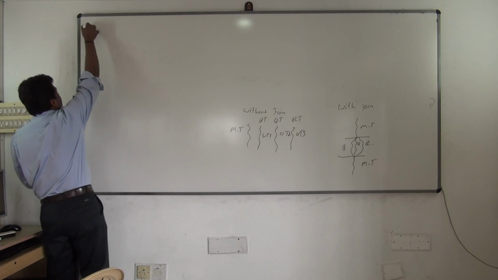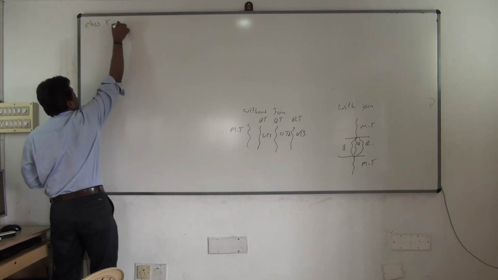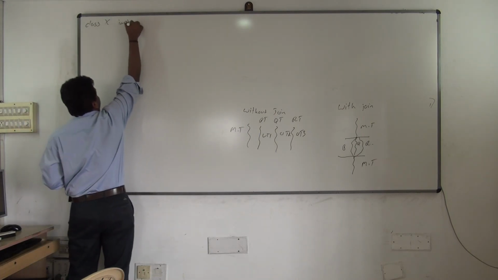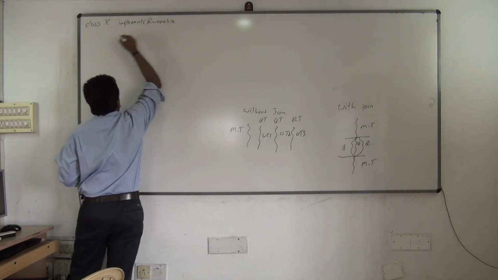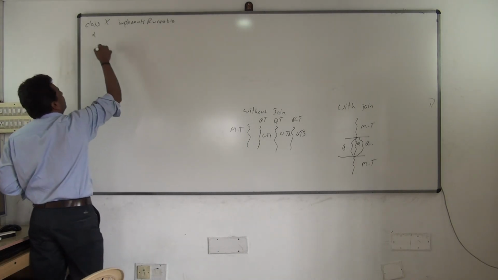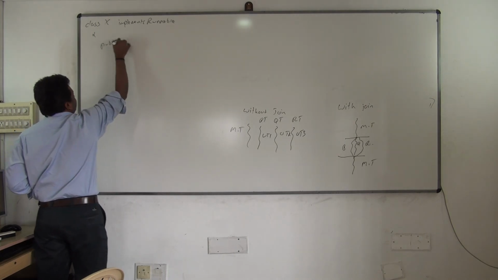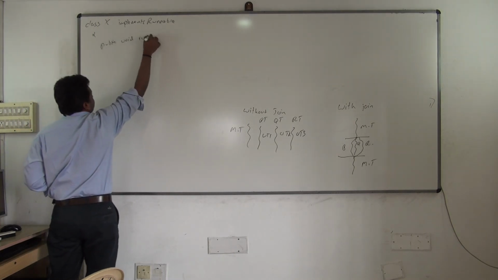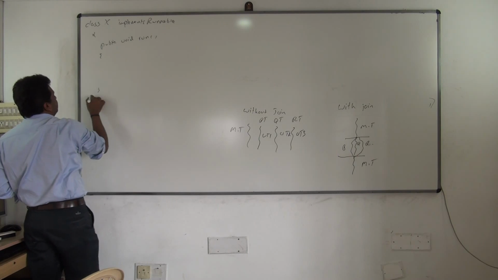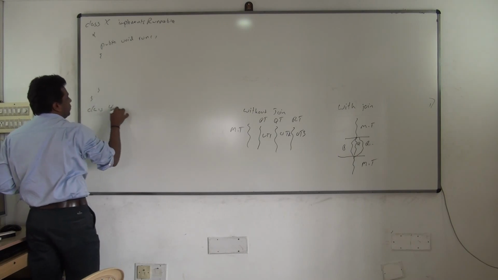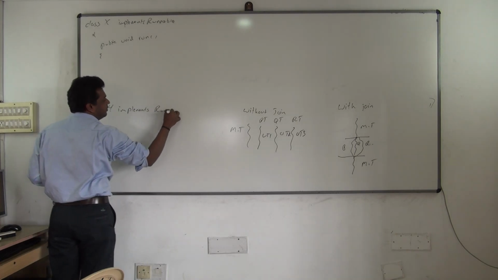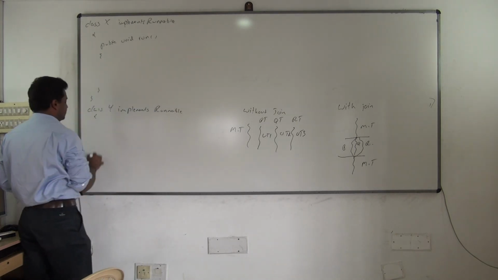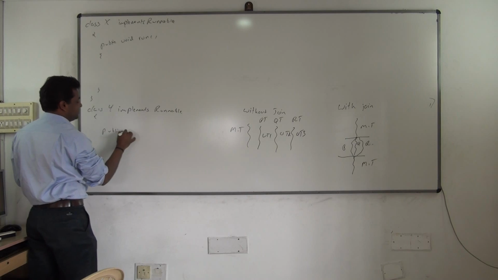Example. Here I have taken the class name as X, implements Runnable. Public void run, you write the logic. Class Y implements Runnable. Here also it is there.